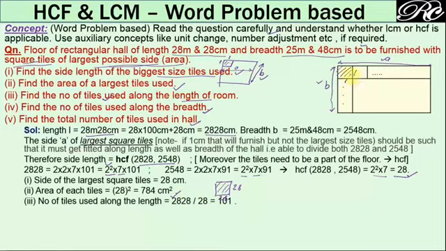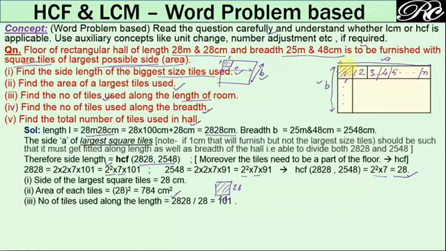Coming to this figure, it is the first tile, this will be the second tile, similarly third tile, fourth tile, fifth tile, and so on. What will be the nth tile that we have?